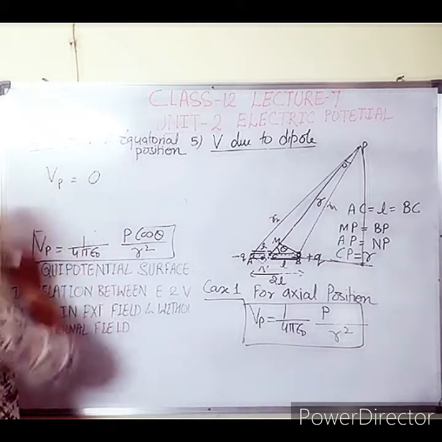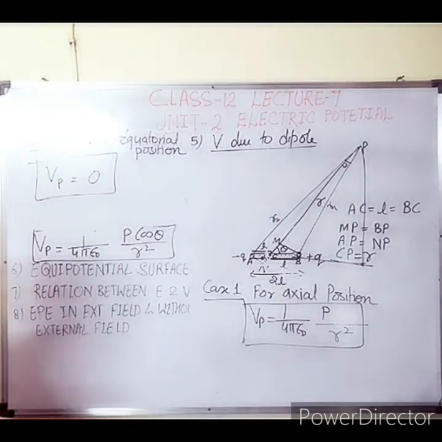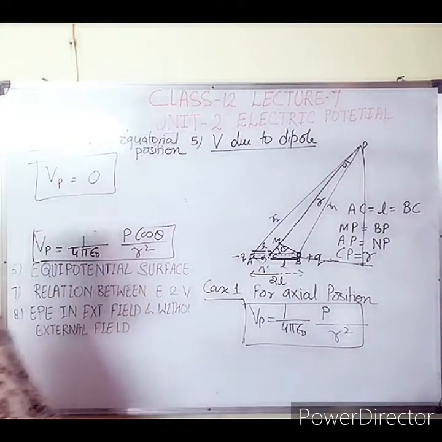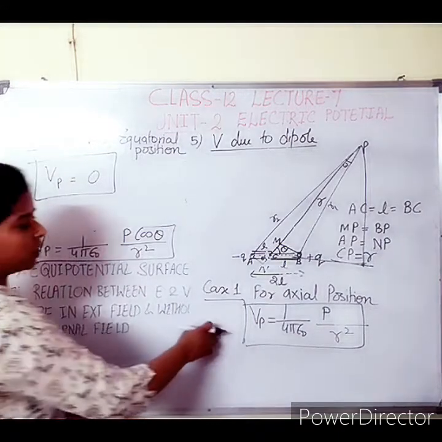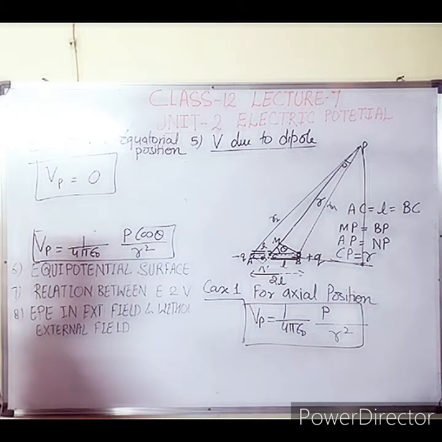So overall result will come as 0. So potential at equatorial position should be 0. So there will be no potential in equatorial position at point P, and here for axial position the potential is this one. Now you can draw the graph for Vp and r square similar to the graph I have shown in between the V and R for the electric potential.